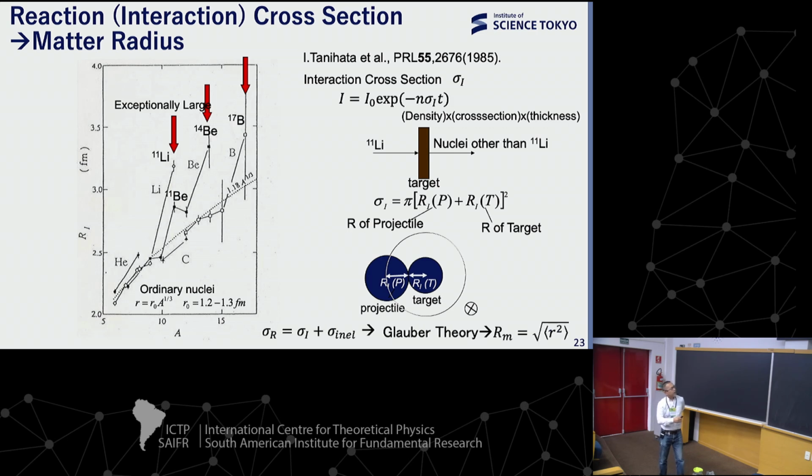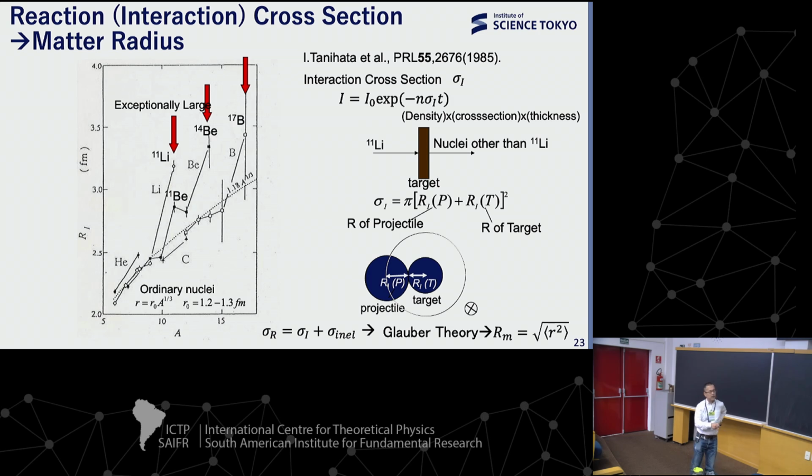Okay, and then of course, in reality, we should be more careful because this kind of approximation is only for a black disk. But we know that nuclei are not at all black. So we need to use theories, density distributions, and so on. This is sigma I, the interaction cross-section.